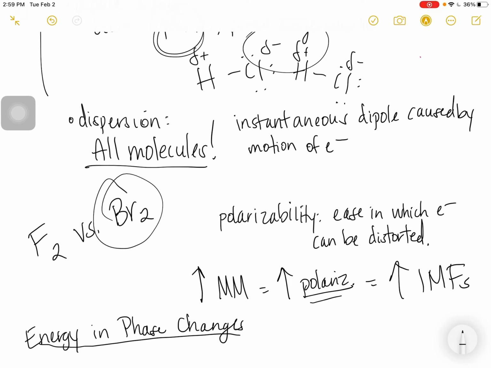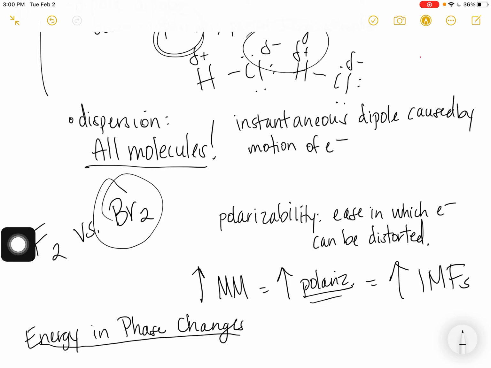This is an interesting topic, and they'll try to get you on the exam. The reason that Br2 has stronger intermolecular forces is because it's more polarizable, and because it's more polarizable, those instantaneous dipoles can be created more easily. However, it's more polarizable because it has a bigger molar mass, more electrons.